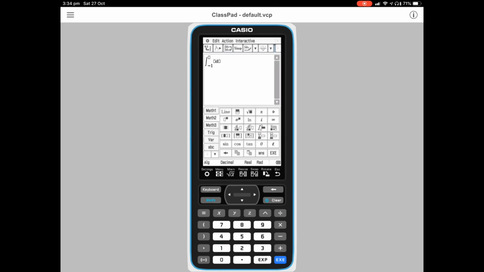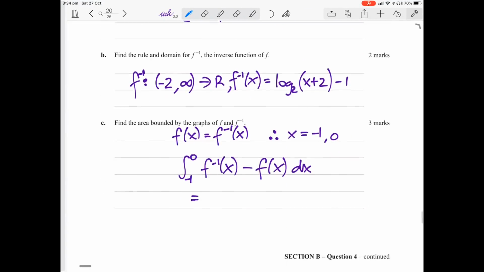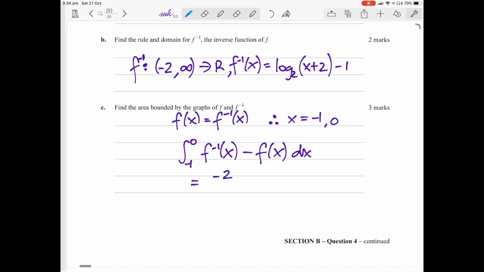Negative 1 to 0 of g of x minus f of x dx, which is negative 2 on log e2 plus 3. So that's the area, which seems much nicer than that decimal answer I got.